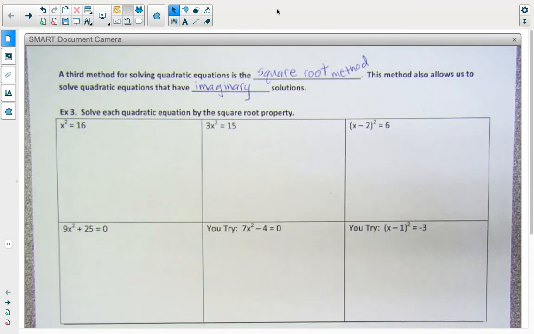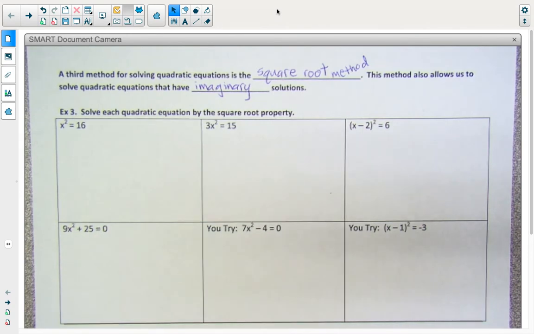So this is the first method that we've seen where if the solutions are imaginary, we can use it. If we graph it and it's imaginary, it's not going to cross the x-axis and we won't be able to use it. If we try to factor it and it can't be factored because it's imaginary, then we can't use the factoring method. But with the square root method, we will be able to find all solutions, the real and the imaginary. We'll be able to find it all.